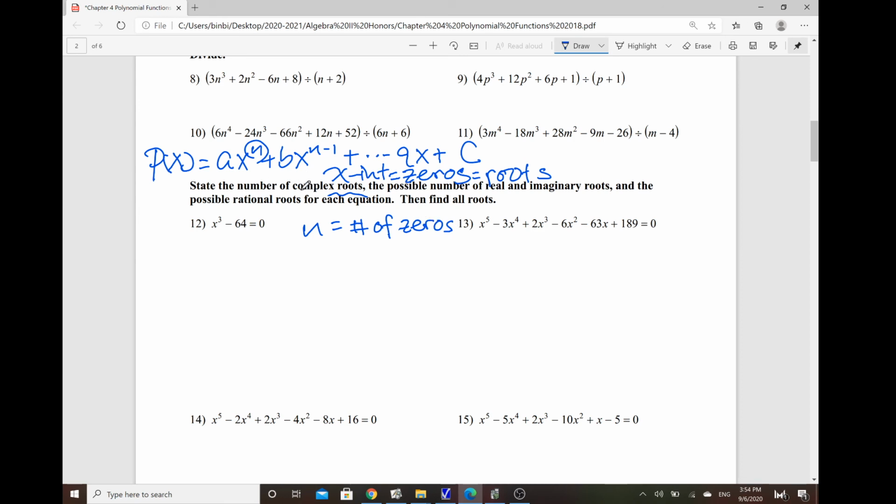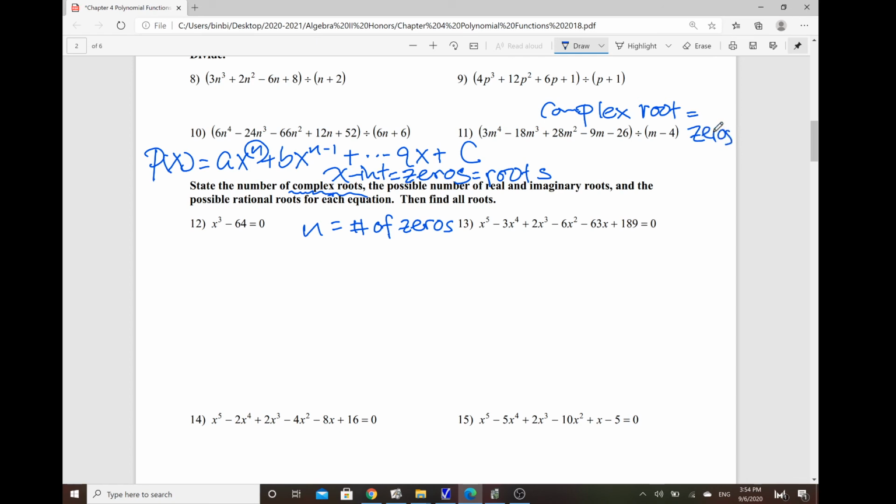What the instruction is saying, instead of complex, I don't like the word complex, so I just want to say it's just the number of zeros. So just fix that, the complex root. What the instruction is actually asking for is the possible zeros.